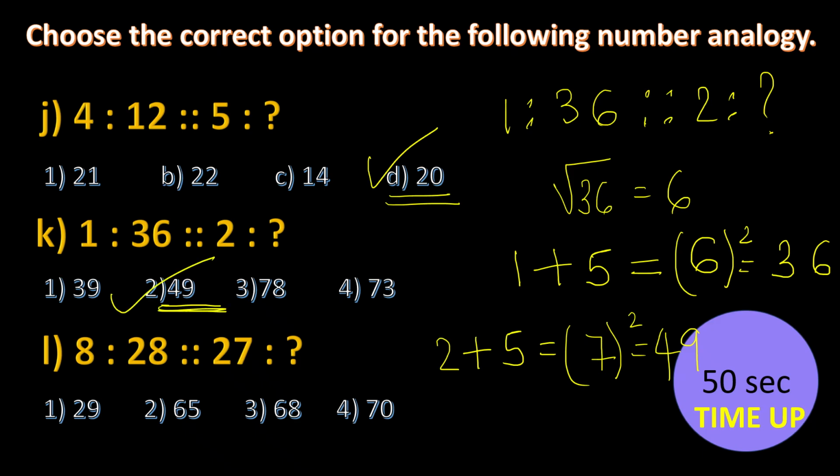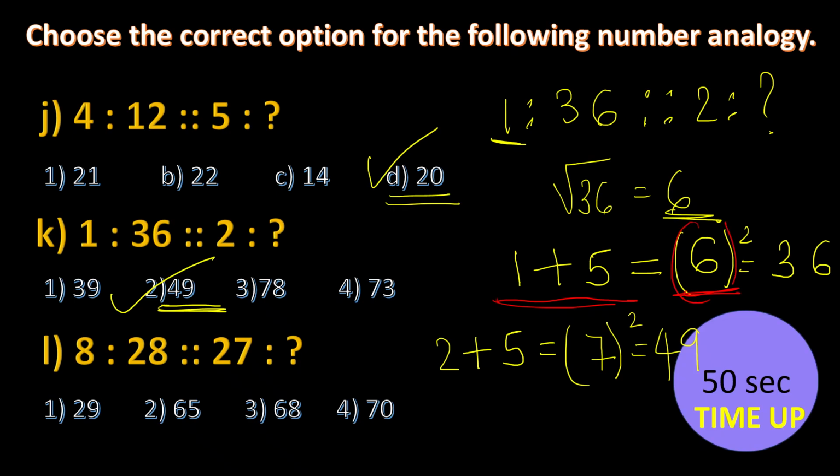So what I did here is that I simply just took root 36. Root 36 is 6. So 1 plus what I need to do in order to get 6. 1 plus 5 when I do, I'll get 6.